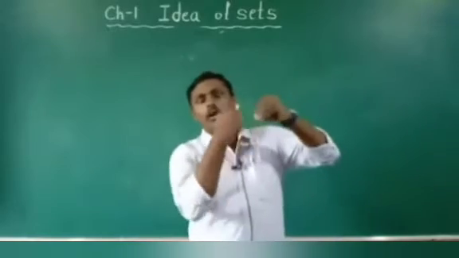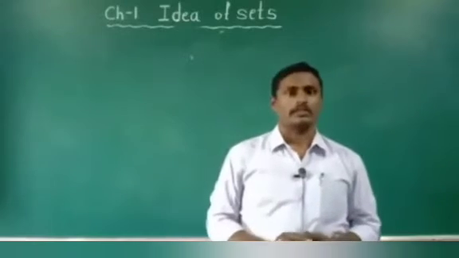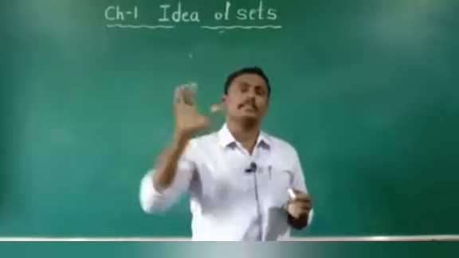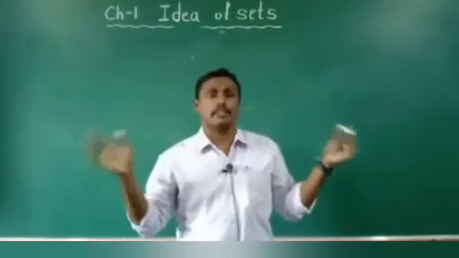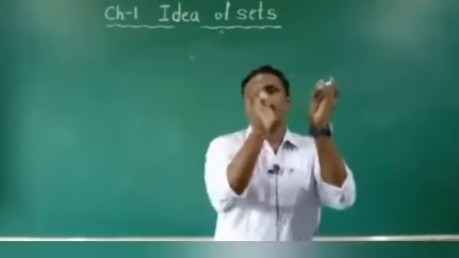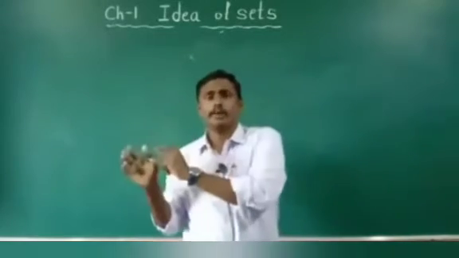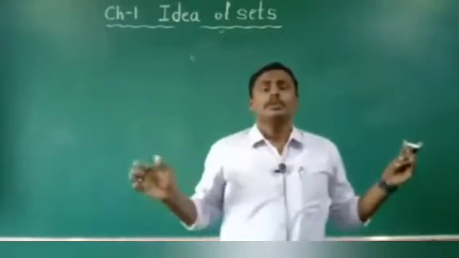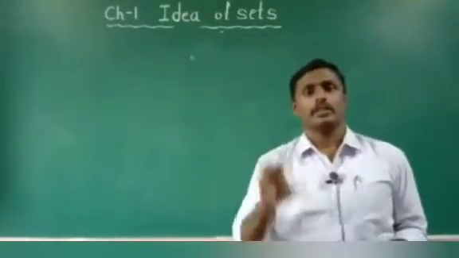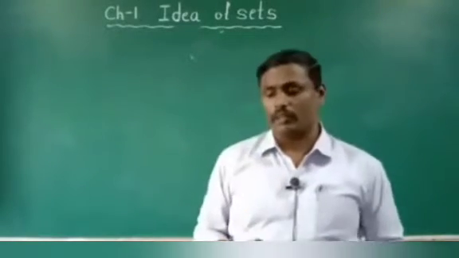These all belong to the same group, that is universe. So universe is one set, and that set consists of different types of things.